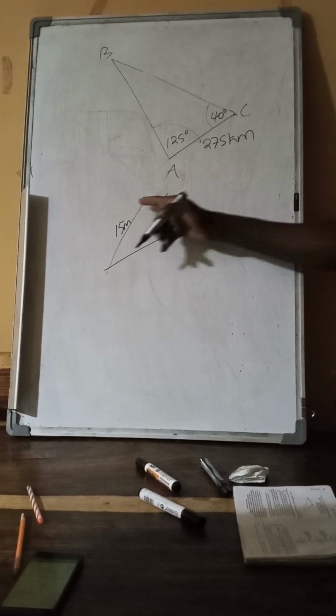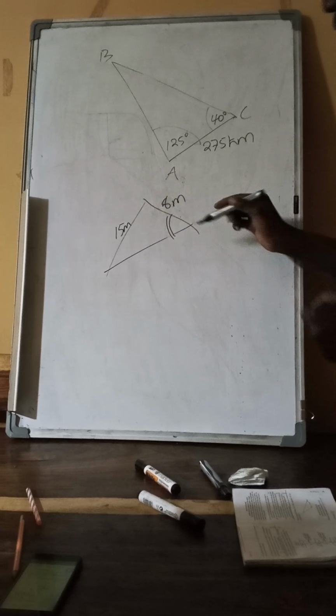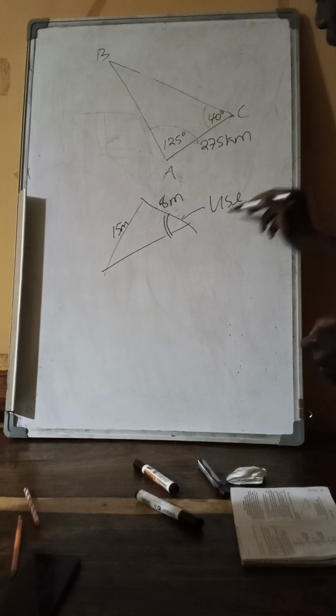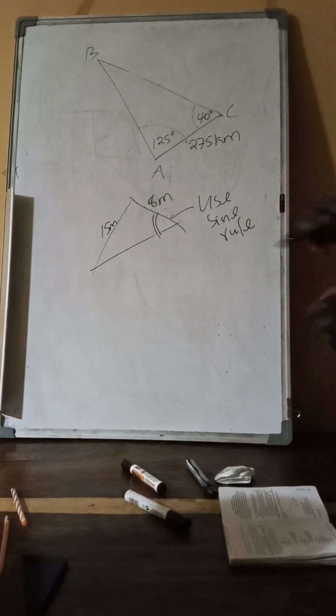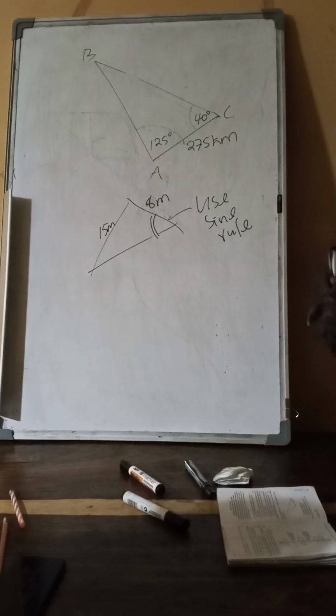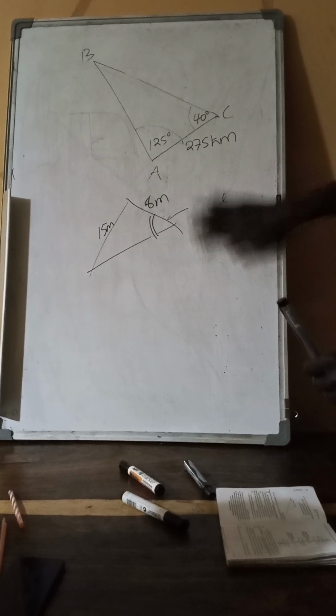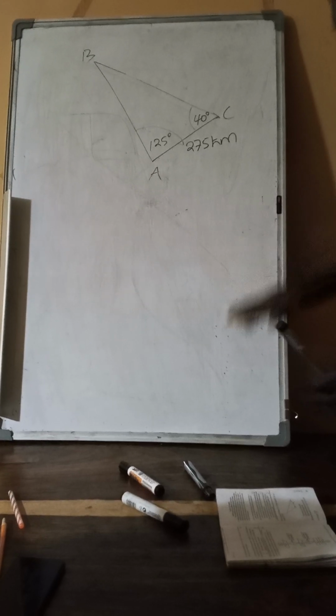The angle is not in between. So even in this case, you use sine. Are we together? Even if you're given two angles and one side, again, you use sine. So in this case, we're going to use sine.